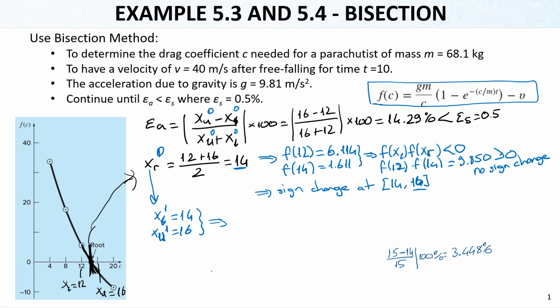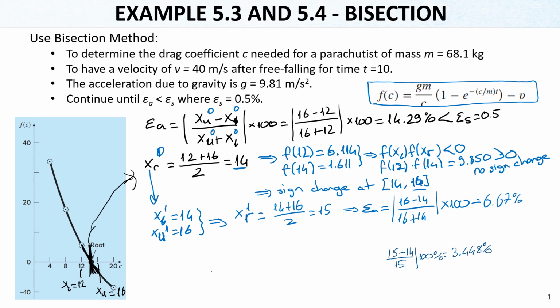We can also calculate first the error as well, but let's get the XR value, XR1, and it is again the summation of these divided by 2, 14 plus 16 divided by 2, which is equivalent to 15, and the epsilon A is again the lower and upper bound difference, 16 minus 14 divided by 16 plus 14 times 100, which is equivalent to 6.67%.